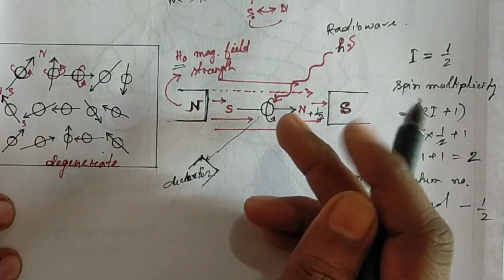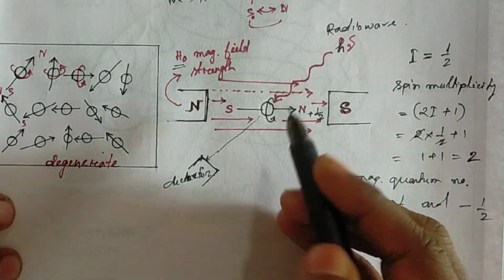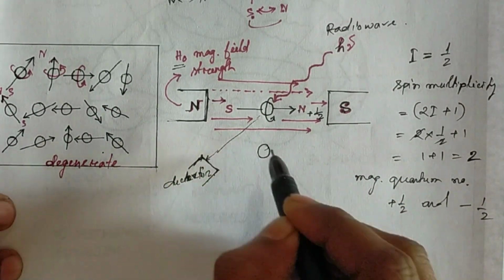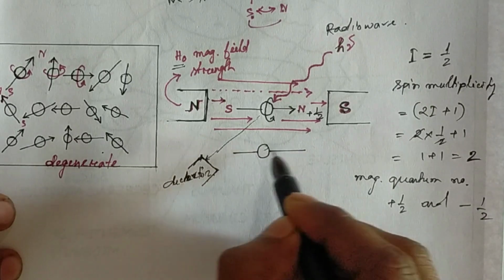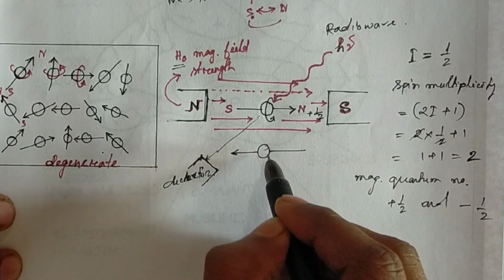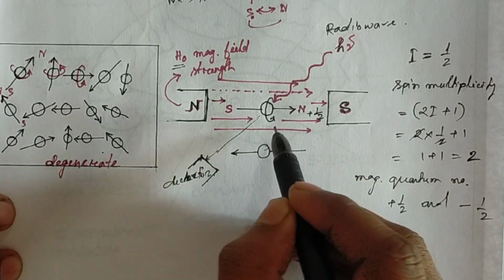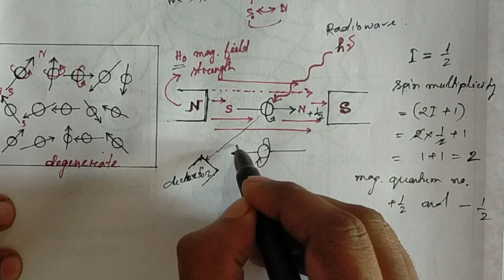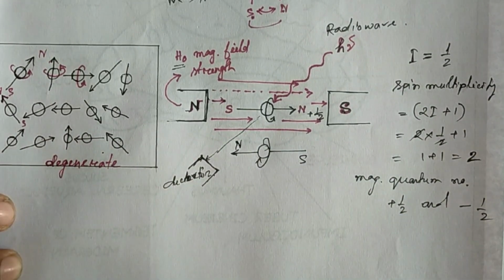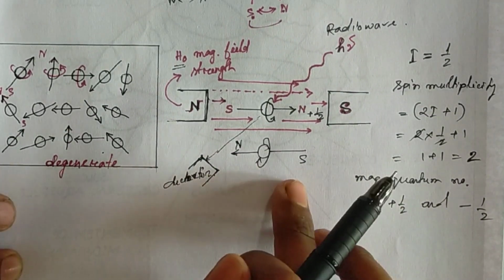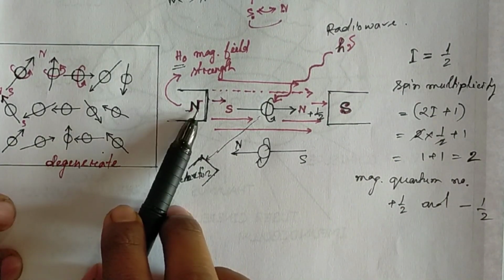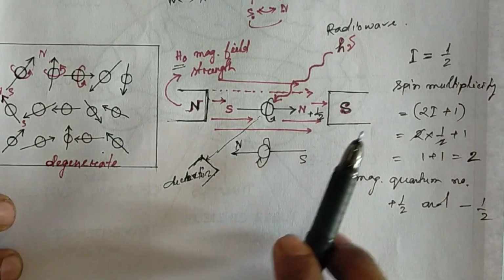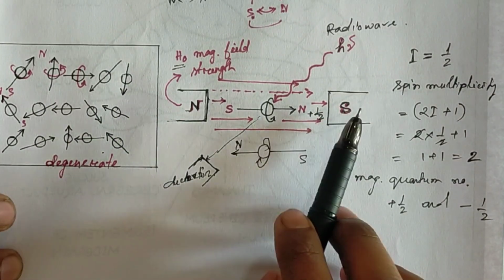When this nucleus absorbs the 60 hertz light, it will flip. The direction of the nucleus will be flipped, and in which direction? It will be in this direction. Here it will be the north pole, here the south pole. That means in this state, the north pole will be towards the north pole of this magnetic bar, and the south pole towards the south pole.